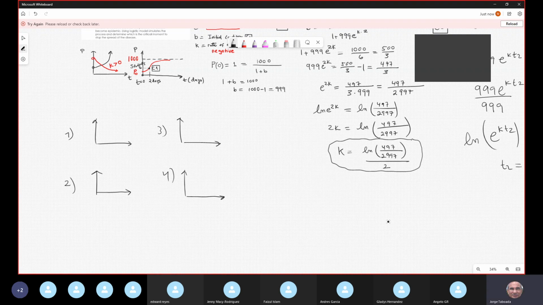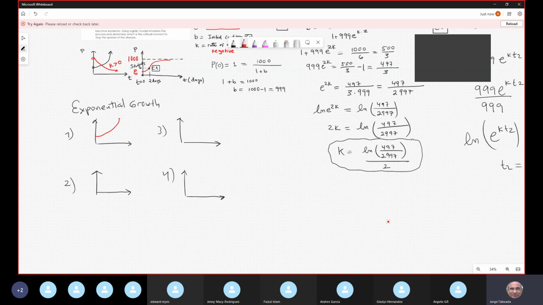We have the exponential growth, exponential growth, which looks like that.